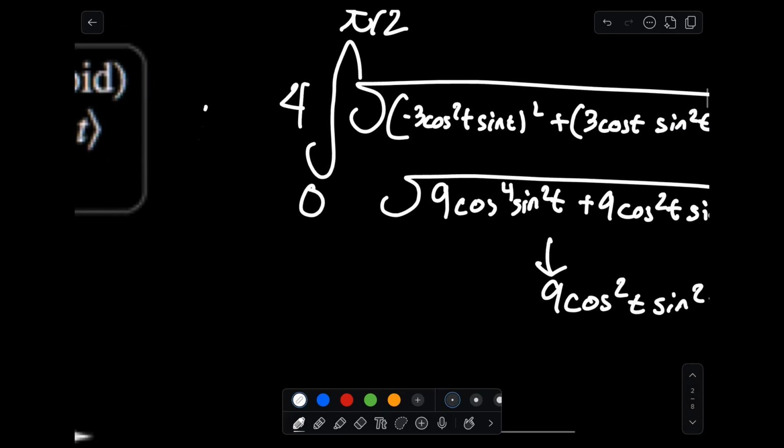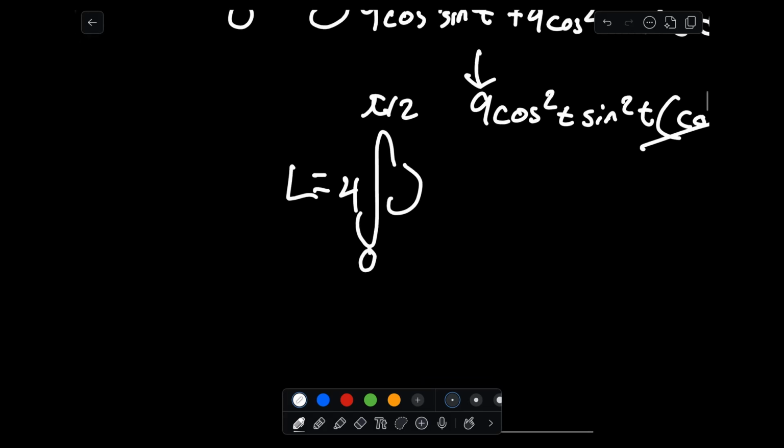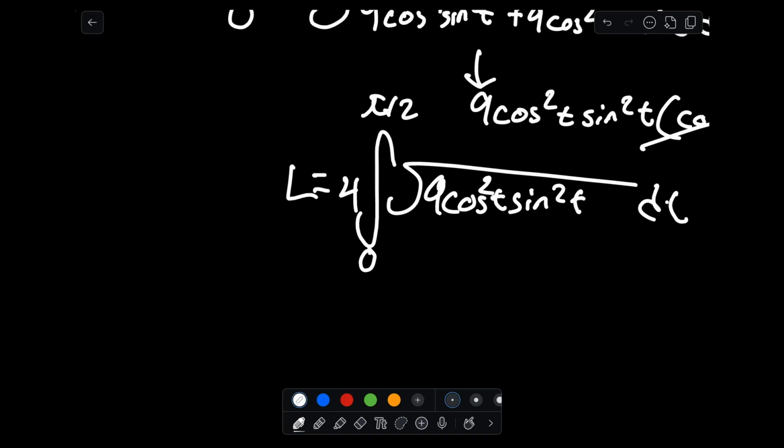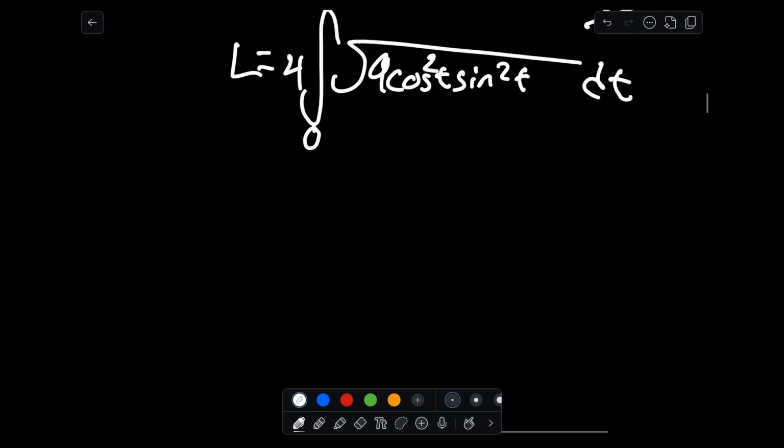Let's bring back our integral. Let's just say this is L, so it's easier for us to remember. L equals 4 times the integral from 0 to pi over 2 of the square root of 9 cosine squared t sine squared t dt. This is going to become 3 cosine t sine t. It's the magnitude, actually, so let's be conscious of that.